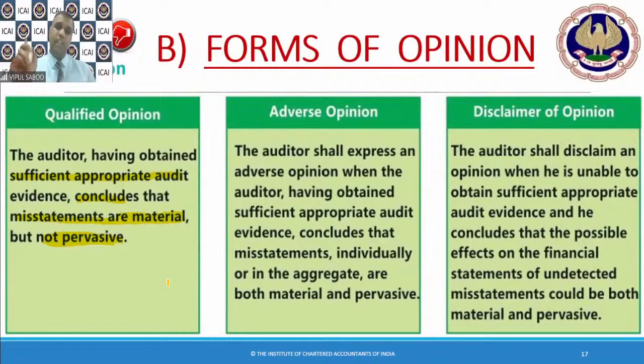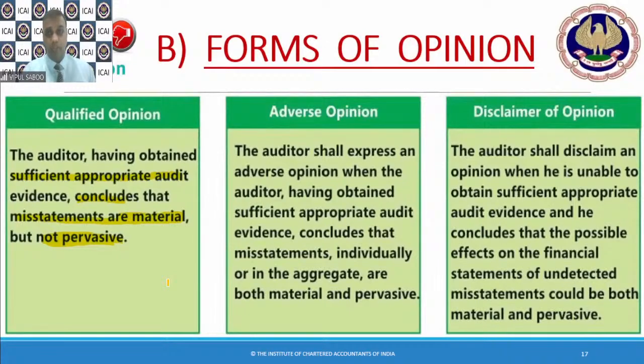They are going to affect the financial statements, but they are not pervasive. Pervasive means impacting the financial statements in such a manner that they are present everywhere.